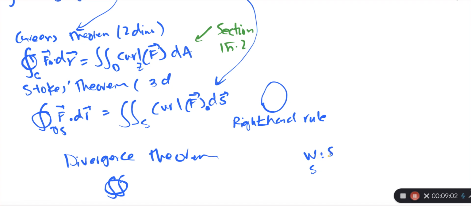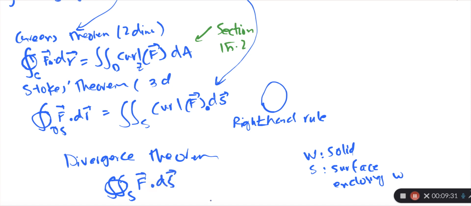W is a solid, S is the surface enclosing W. And so basically the contour integral, that means that you go around the closed surface S, of f dot dS, the capital S. So this is the flux out of the closed surface, and it is going to be a triple integral from section 15.3.